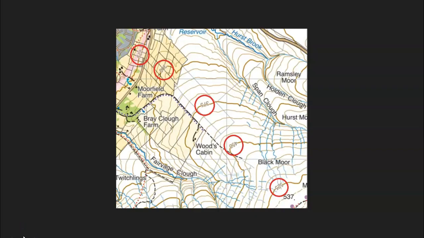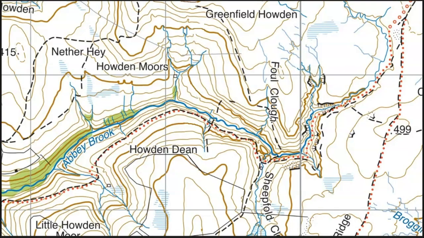So here we've got another section of the Harvey map, and you can see the index contours values here. Obviously it doesn't go down to sea level, but if we're going uphill from top left, northwest, first one 225, 300, 375, 450, 525, etc. So if we go back to our map, have we got any contour values?